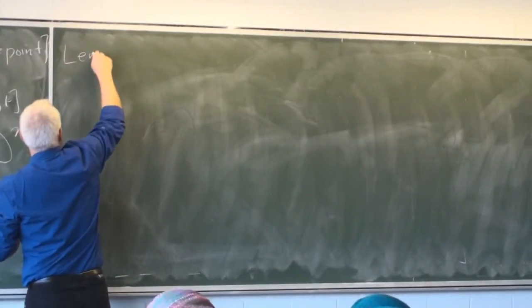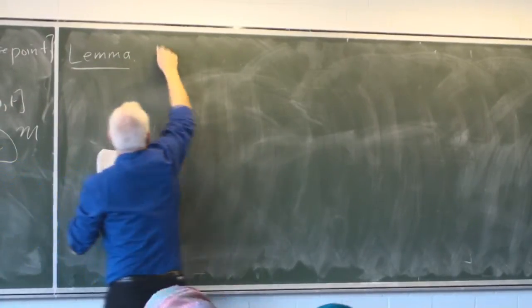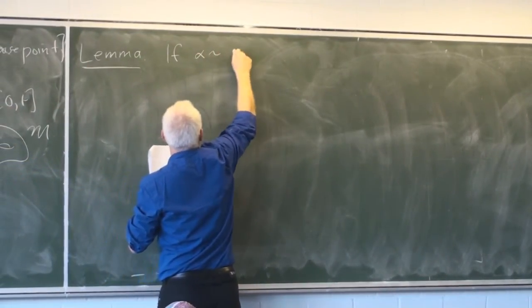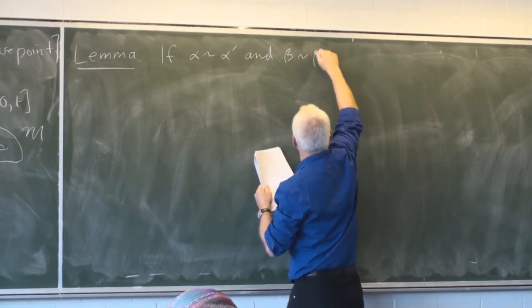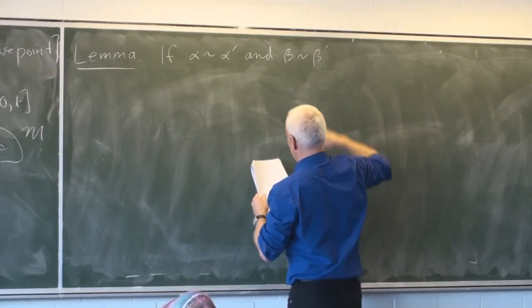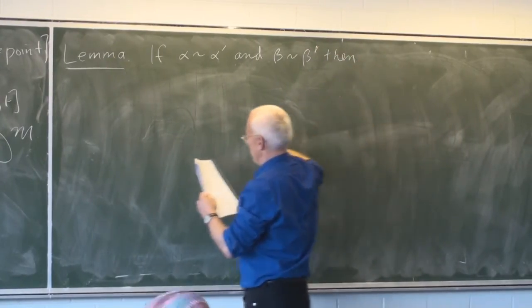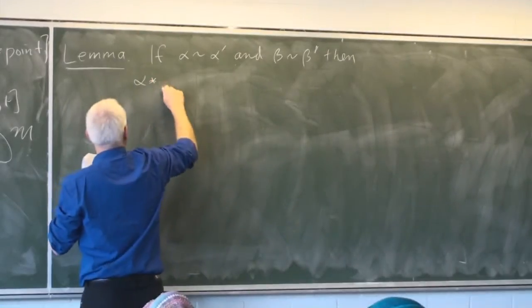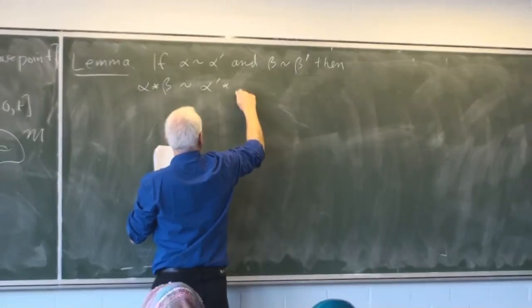All right, so lemma. That means little result. If alpha is homotopic to alpha prime and beta is homotopic to beta prime, then alpha times beta is homotopic to alpha prime times beta prime.